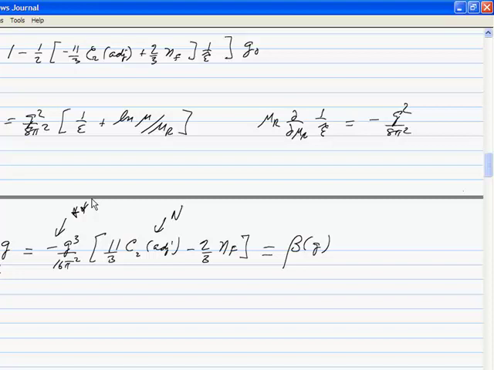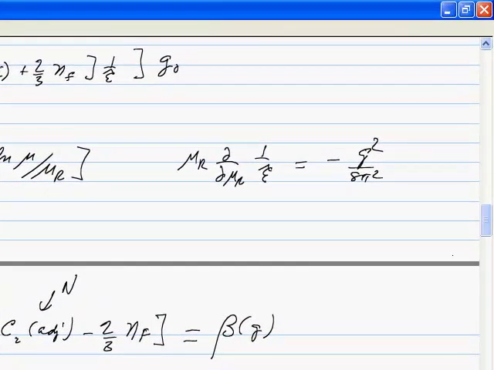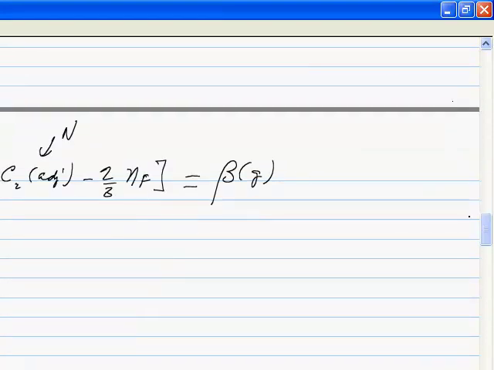There's a minus sign that sits from the fermion piece, and it is positive. Actually, let's break that down a little bit more. It's interesting, where does that 11/3 come from?